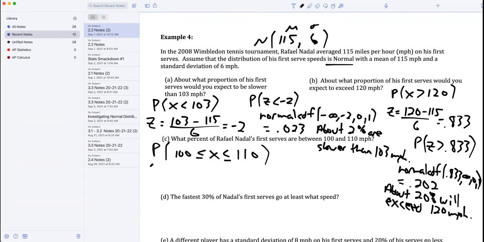The z-score for 100 is 100 minus 115 over 6. That's going to give me negative 15 divided by 6, which is negative 2.5. And my other z-score, for 110, is 110 minus 115 over 6, and that should be negative 0.833.